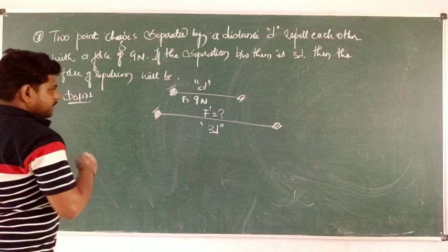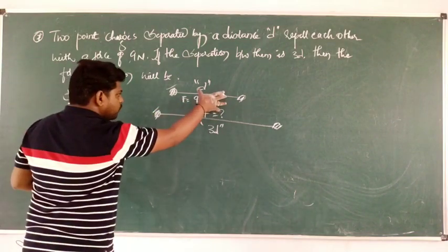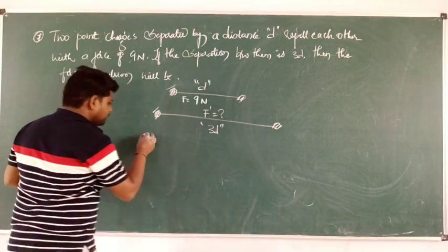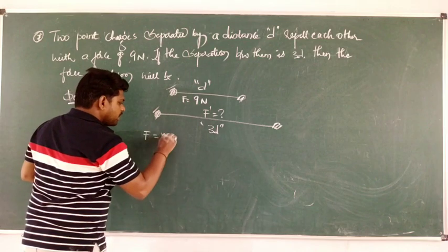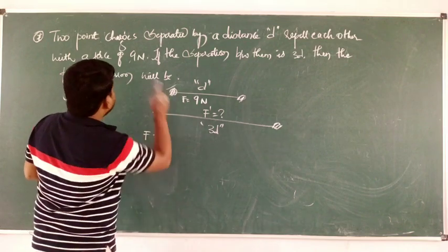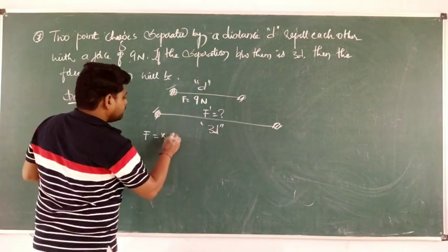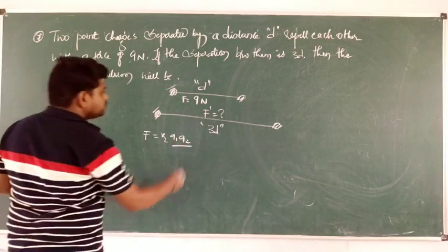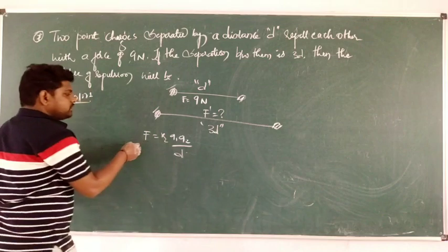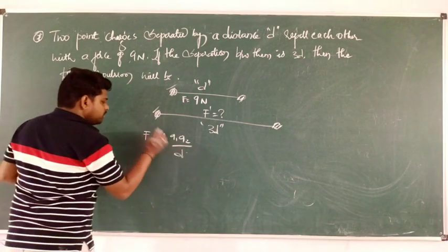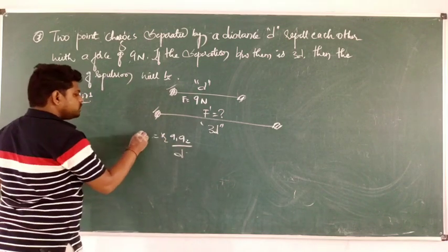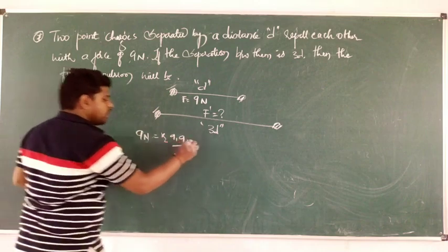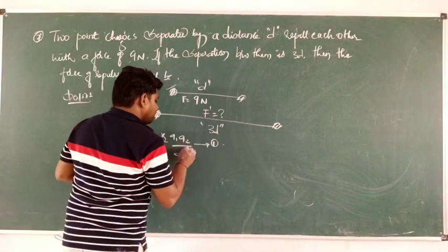Let us apply Coulomb's law for the first case. F equals K Q1 Q2 divided by, what is the distance between these two? d. What is the value of force? Force is 9 Newton. I will call this equation 1.